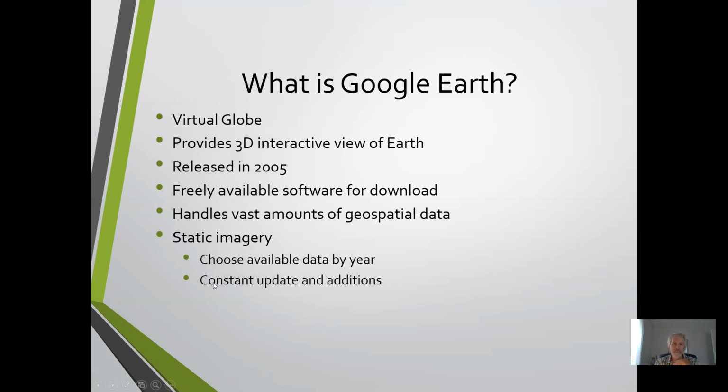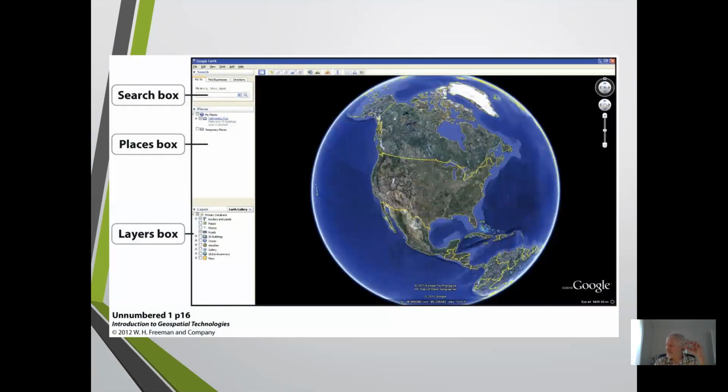They did at one time do constant updates, but I believe they don't update this anymore. This is, I think, an older picture. I think the interface looks a little different, but basically there's your map view, and then you have a search, place names and layers box. It's slightly different. This is an older version. So yeah, that's from 2012.